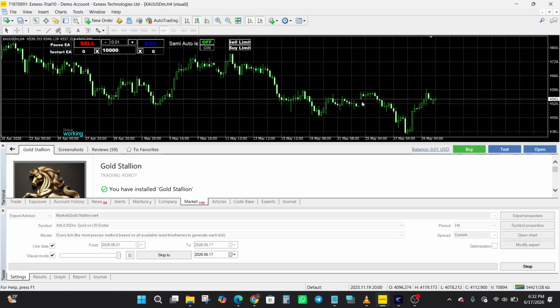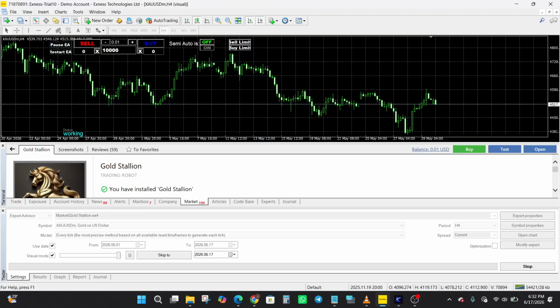Looking through the historical chart activity, the behavior appears consistent with the description provided by the developer. The system looks for entry opportunities and then manages positions according to its built-in logic. The product description explains that after an initial entry, the EA can open additional positions of the same size and optionally increase position sizes depending on the selected settings.